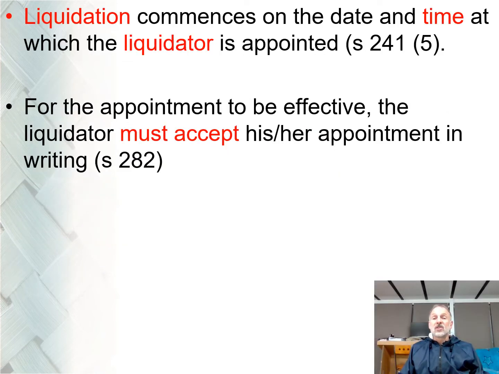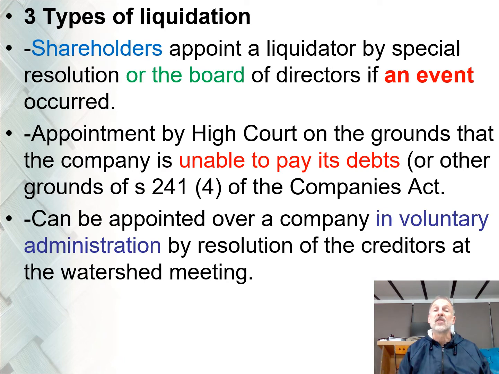Liquidation commences on the date and time at which the liquidator is appointed, according to Section 241(5). For the appointment to be effective, the liquidator must accept his or her appointment in writing according to Section 282. There's 3 types of liquidation.